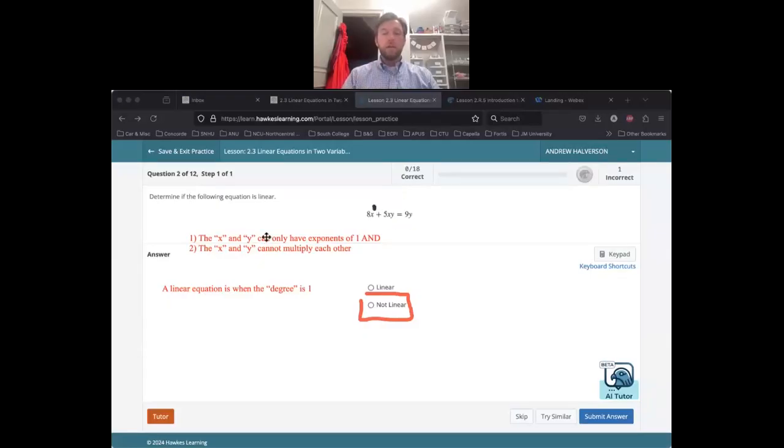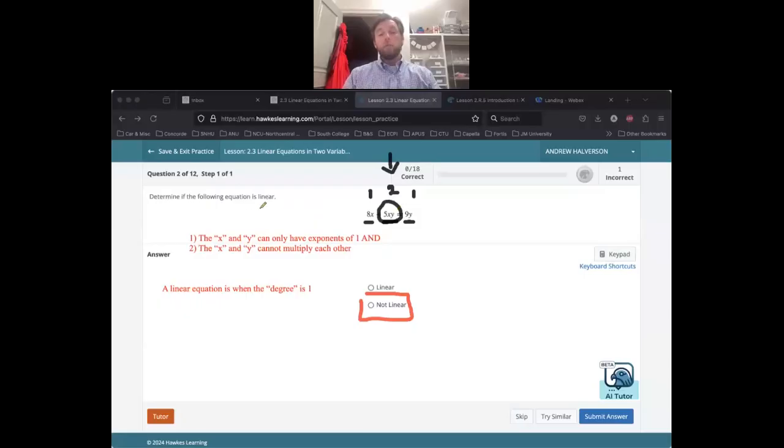But for this term right here, because the x and y are multiplying with each other, you take their exponents of 1 and add them together. So the degree of this term is 2, the degree of this term is 1, and the degree of this term is 1. Because we have a term with a degree of 2, that means the entire degree is 2, which means it's not linear.